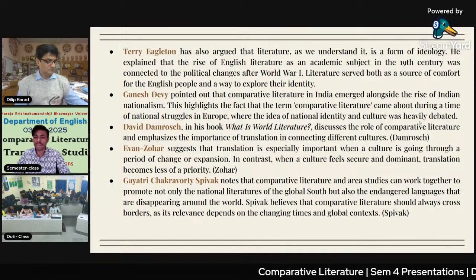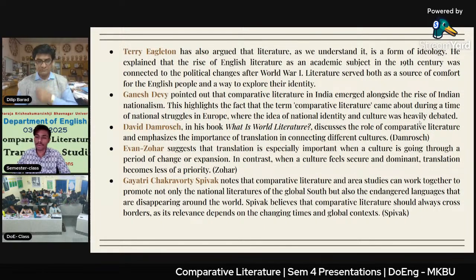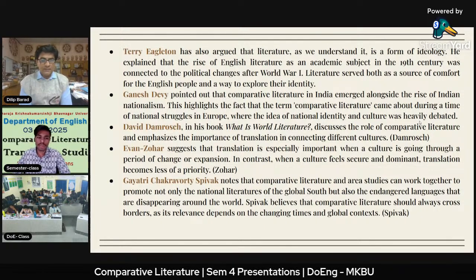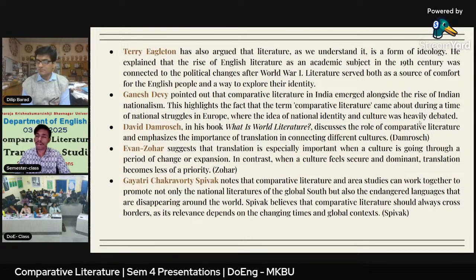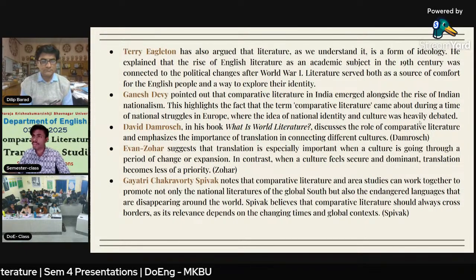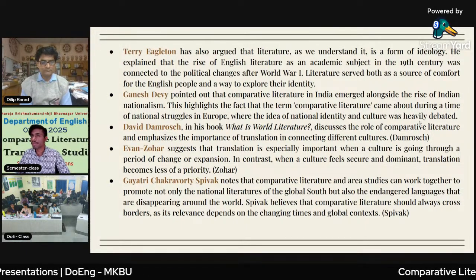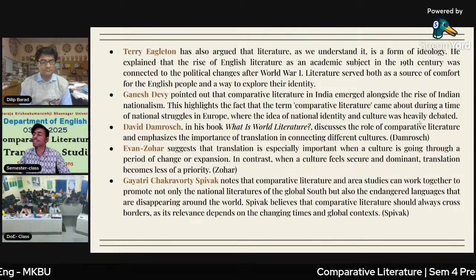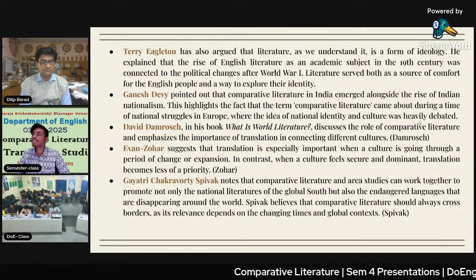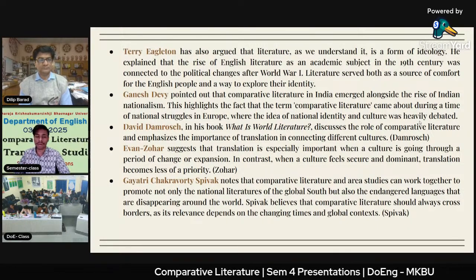In contrast, when the culture feels secure and dominant, translation becomes less of a priority. So when people are more secure in their culture, translation is not given priority.